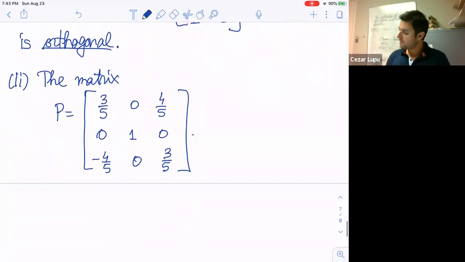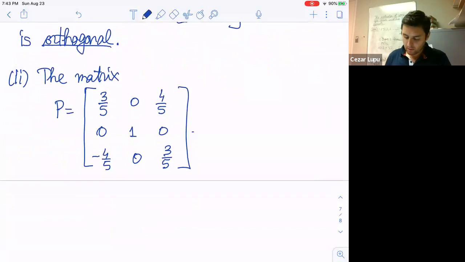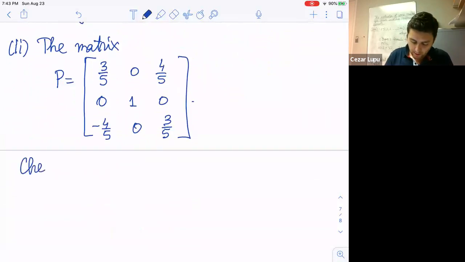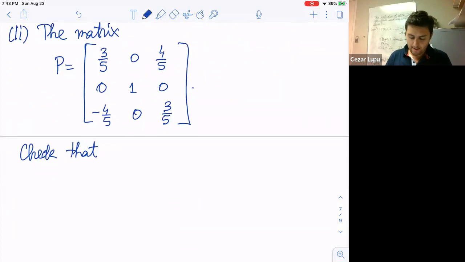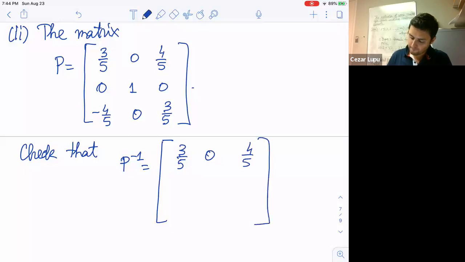I will leave it to you as an exercise to check that the inverse, of course, you need to compute the determinant first and so on, is nothing else than 3 over 5, 0, 4 over 5; 0, 1, 0; and negative 4 over 5, 0, and 3 over 5.